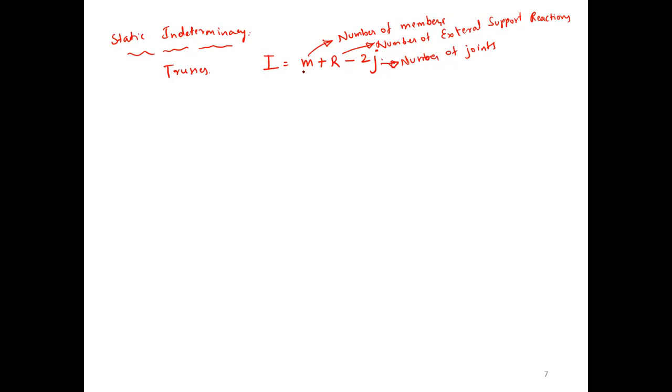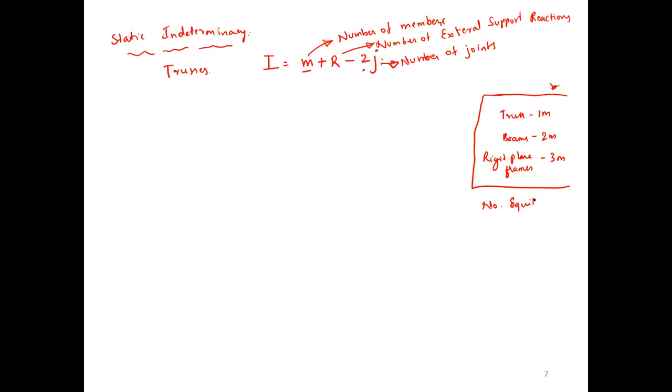So how did we arrive at this? For truss, m is the number of members available. For truss 1m, as we discussed yesterday; for beams 2m; for rigid plane frames 3m. Please remember this. And this is for static equations, the number of equilibrium equations.